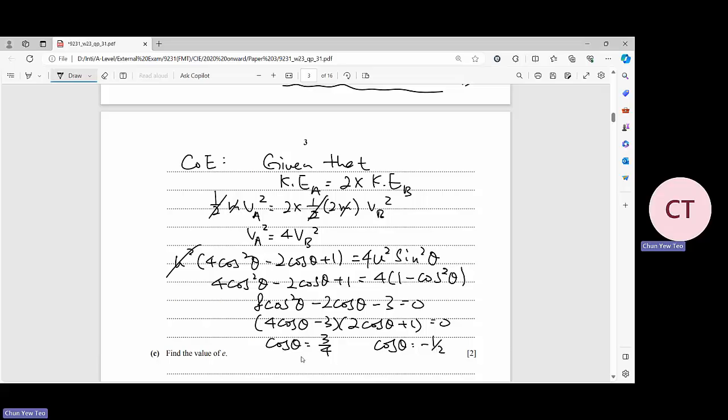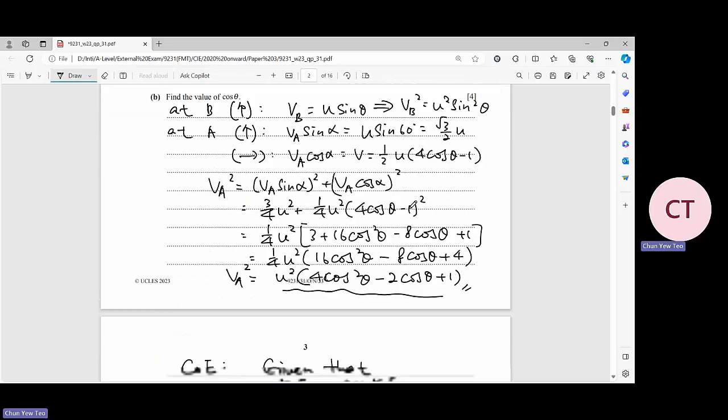The angle is acute, so therefore you have to ignore the negative value for the cos theta. So therefore your answer for the cos theta is 3 over 4. That is the answer for question B.